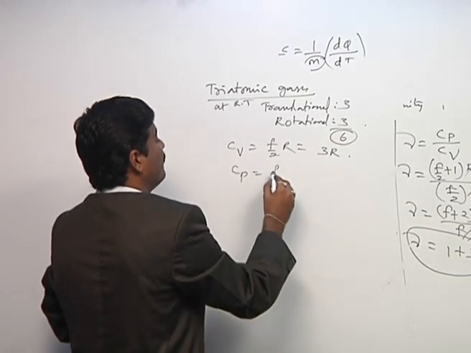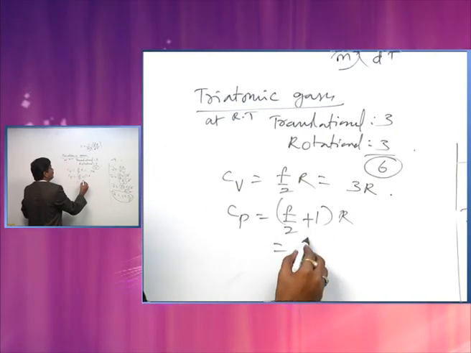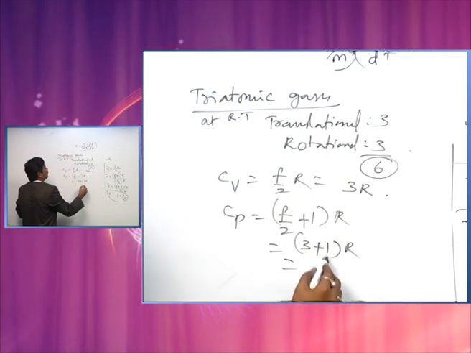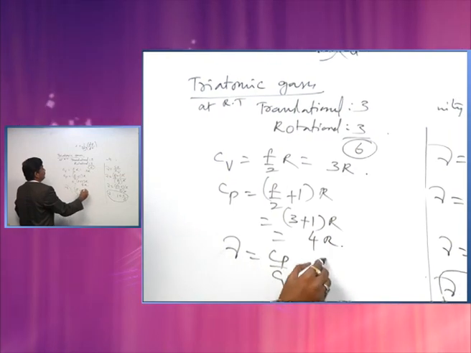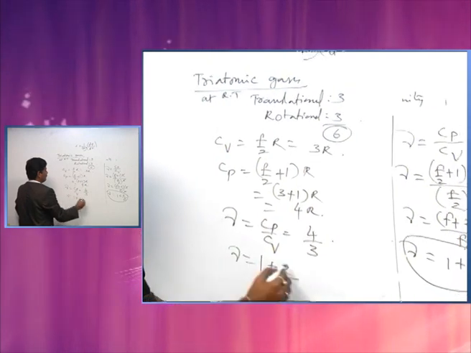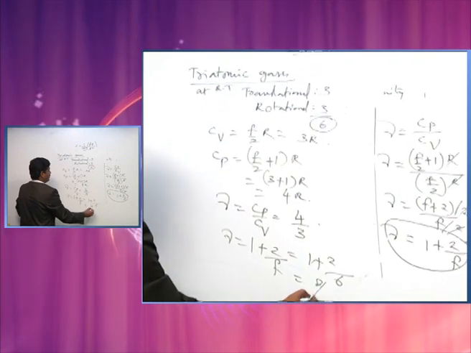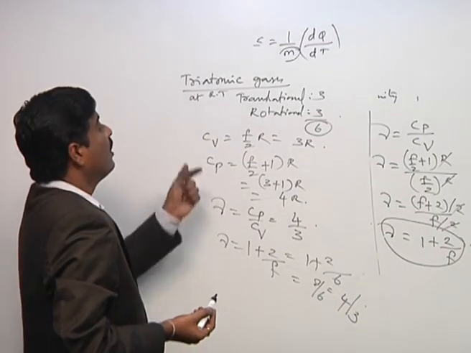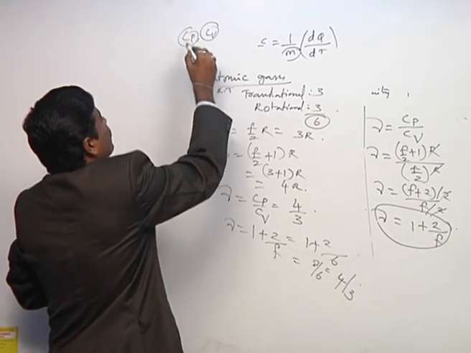And Cp value is F by 2 plus 1 into R. So 6 by 2 here, 3 plus 1 into R, 4R. Gamma is equal to Cp by Cv here. This can be 4 by 3, or we can check with 1 plus 2 by F. So 1 plus 2 by 6, 6 plus 2, 8 by 6, this can be 4 by 3. This is about how we are relating Cp and Cv with degrees of freedom.